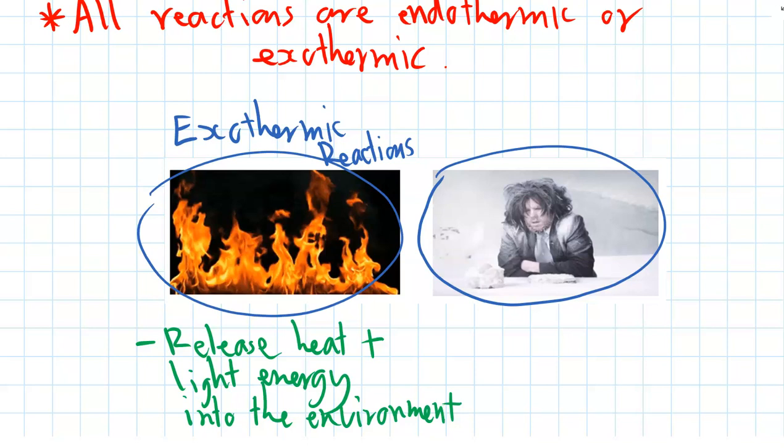The other type of reaction is endothermic. Like I said before in the instant cold pack, these are reactions that actually pull heat from the environment and make the environment become colder than it was.